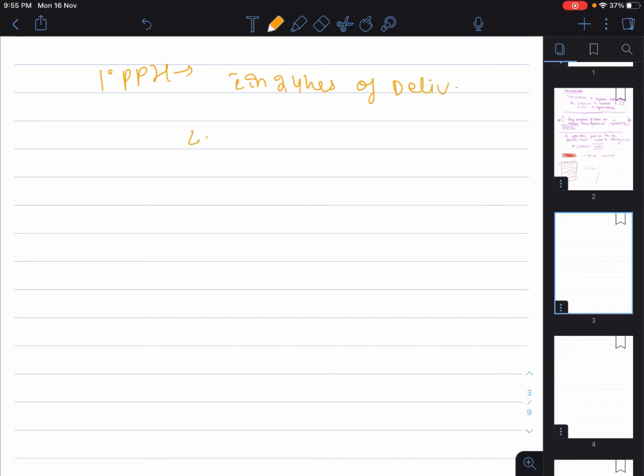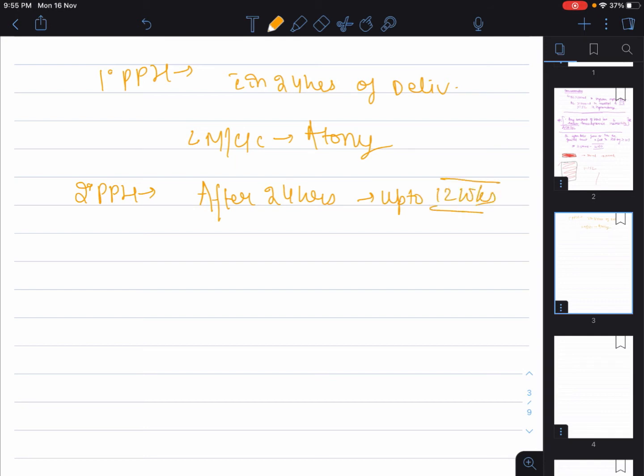And what is the most common cause of this? It is, as we discussed in the question, atony. What is secondary PPH? Secondary PPH is after 24 hours up to 12 weeks.